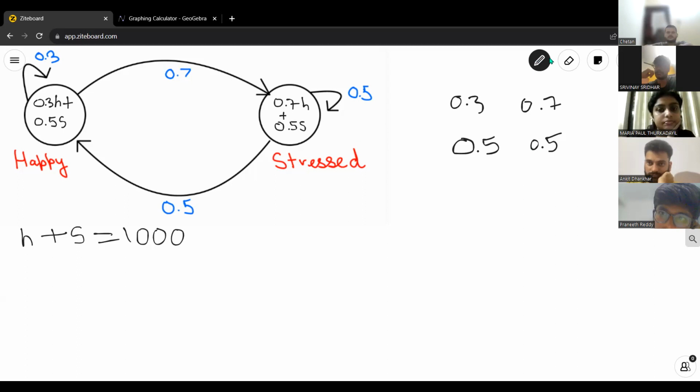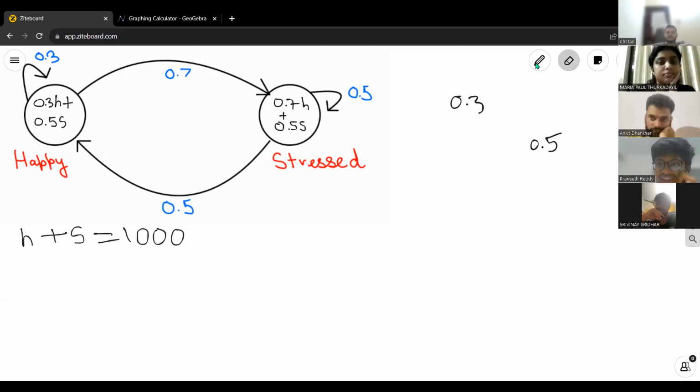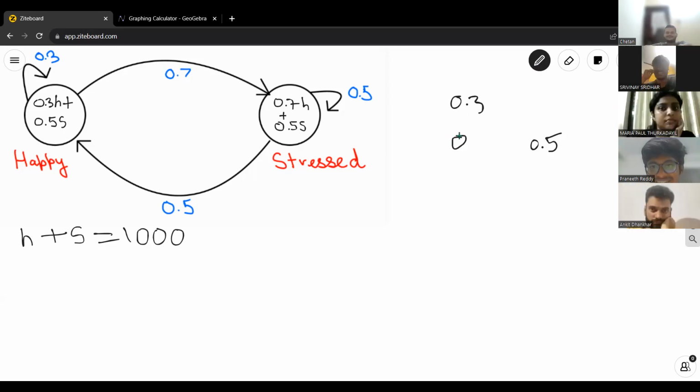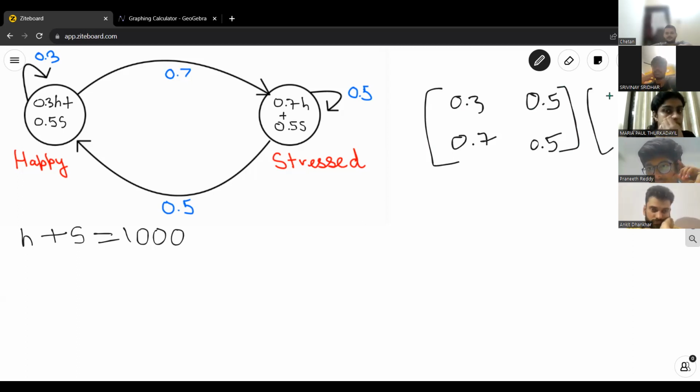I made a mistake; I was trying to write in the form of 0.3h. Now it's correct. This when multiplied by the input h and s, yes, h and s.